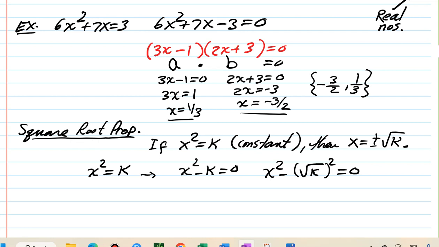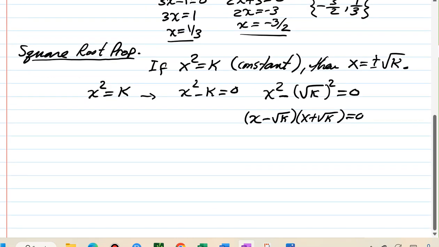That's just an alternate form of k. Now you recognize here we have a difference of 2 squares, right? So we can apply the special factoring formula for difference of 2 squares. It's going to be x minus square root of k, and x plus root k, equal to 0.